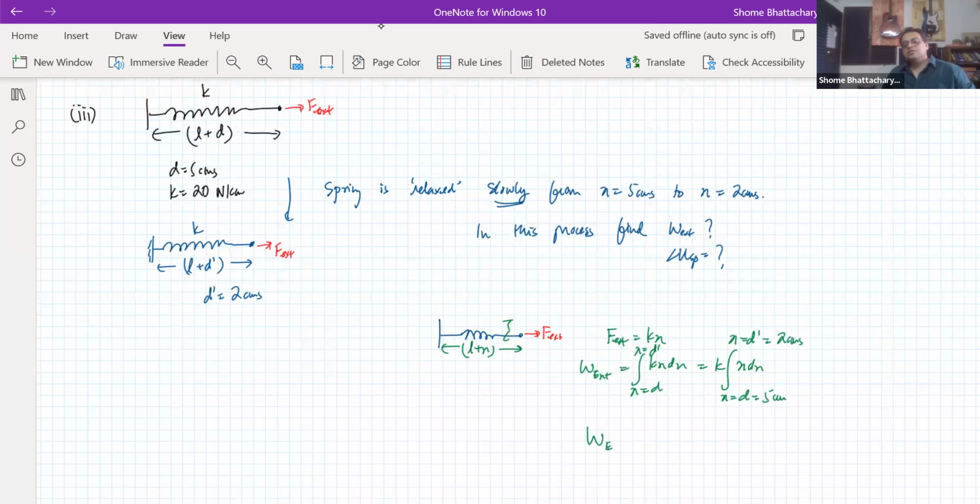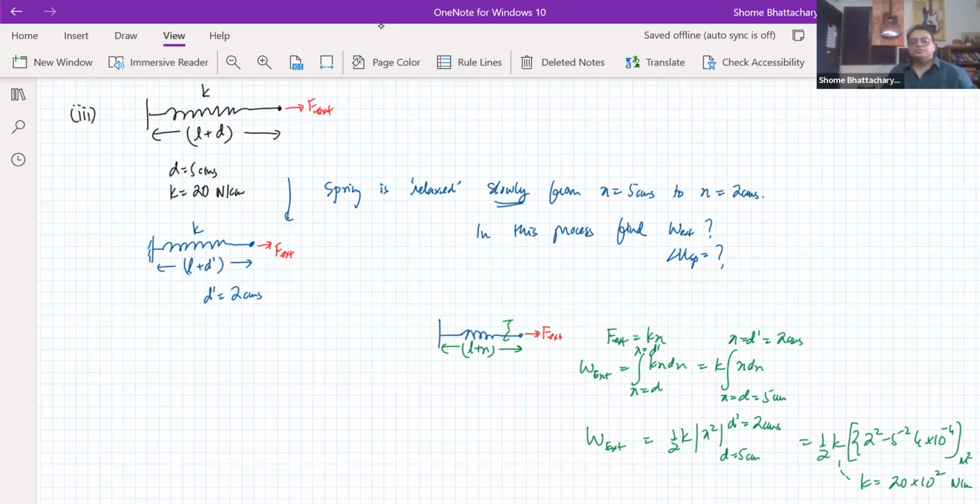So you can see that when we calculate the work done, it will come out to be a negative quantity because our final state has a smaller value of x, which is 2 centimeters, compared to our initial state. The 10 raised power minus 4 is to convert to meter square, and k is 20 into 10 raised power 2 Newton per meter.